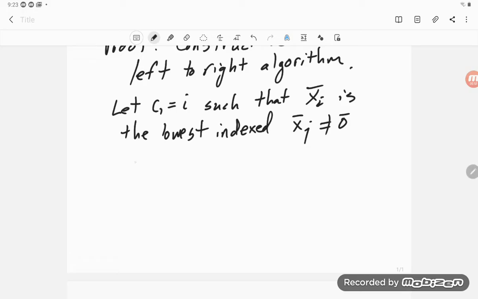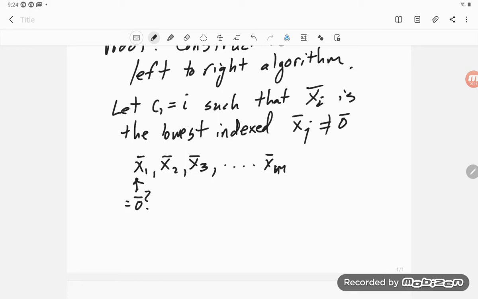So we're just lining these things up, x1, x2, x3, and we go down the line to xm. We start here and ask, is this equal to the zero vector?